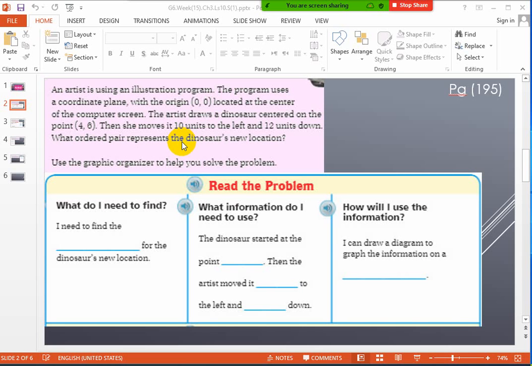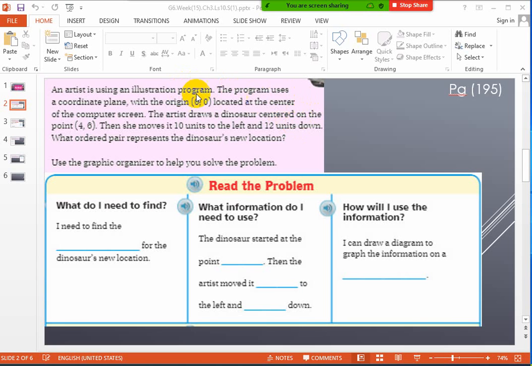The program uses a coordinate plan. Illustration means something like explanation or clarification. Okay, that's what I mean in illustration program. Explanation program, that's what I mean.